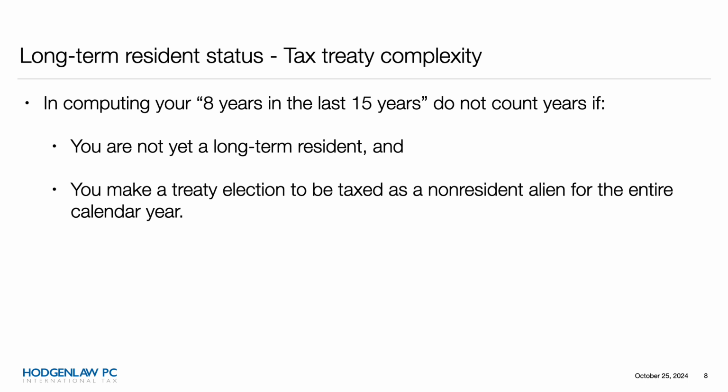Now, when you're looking at this 8-year test, you do not need to count a year if you're able to make the treaty election to be taxed as a non-resident alien for the entire calendar year. Obviously, if you can't make the election for the entire calendar year, then some portion of the year the treaty is not going to apply to, and that's going to count as a year towards the 8-year test.